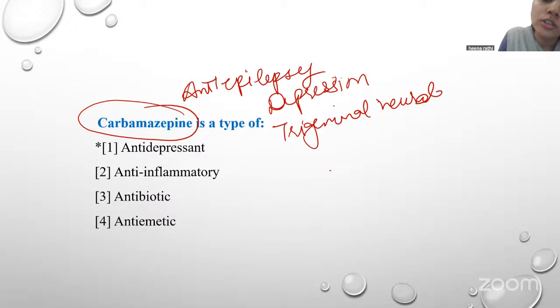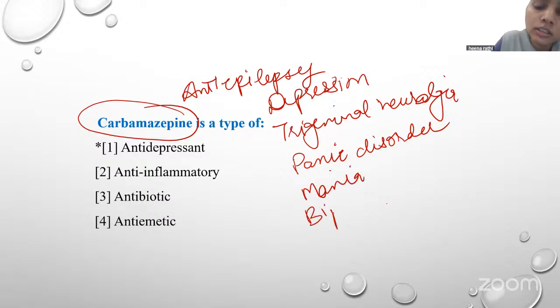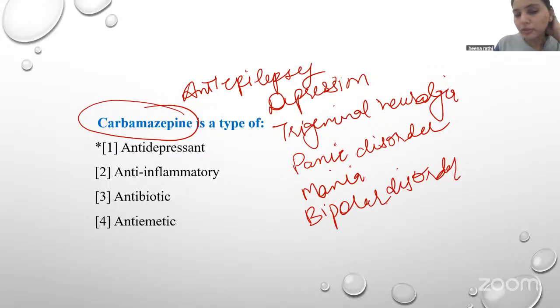Apart from that, we can use this drug in case of panic disorders, in mania, and in bipolar disorders. So these are the uses of carbamazepine. It is used as an antidepressant; not anti-inflammatory, not antibiotic, not antiemetic.